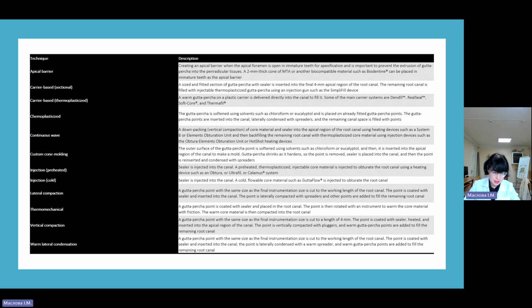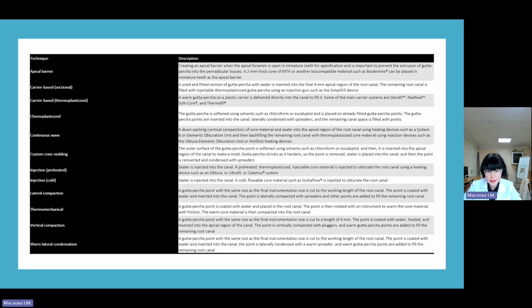What about techniques? There are different techniques of endodontic obturation. Apical barrier: creating an apical barrier when the apical foramen is open, as in immature teeth, is important to prevent the extrusion of gutta-percha into the periradicular tissues.